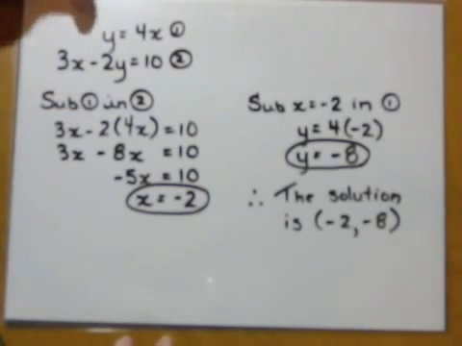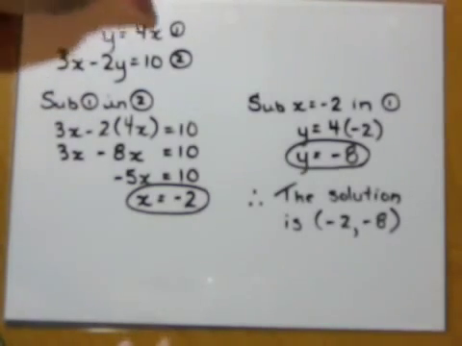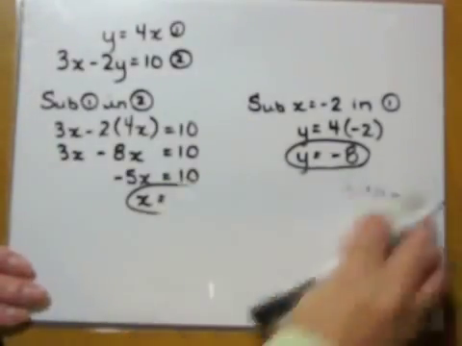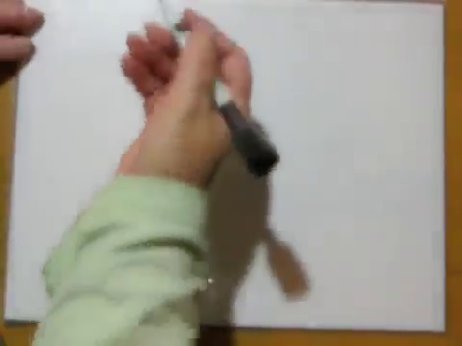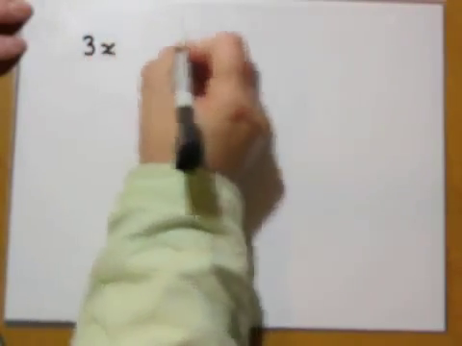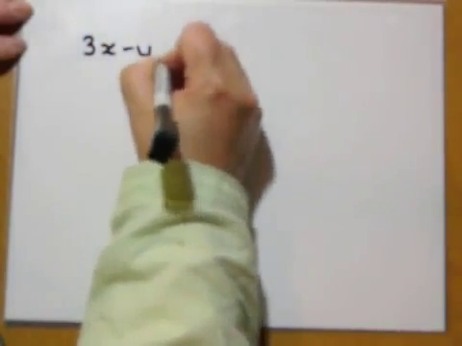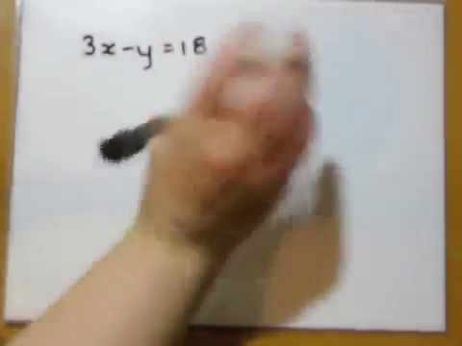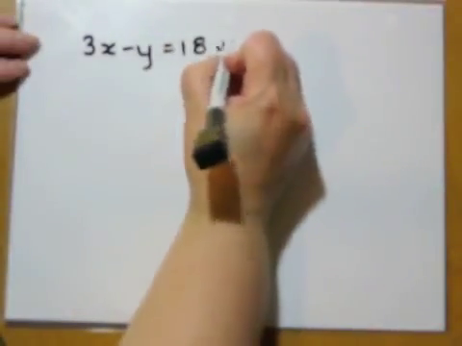Now, that was fairly simple because we had a straightforward substitution in here. So let's get a different set of equations that's maybe not quite so simple. Let's take 3x minus y equals 18, and that will be our equation number 1.